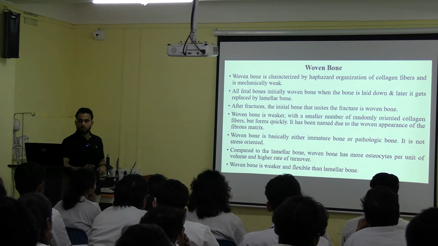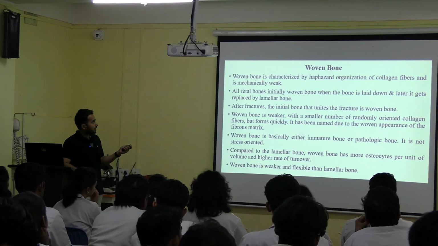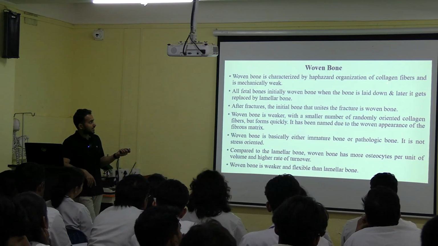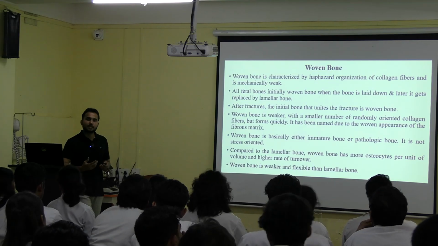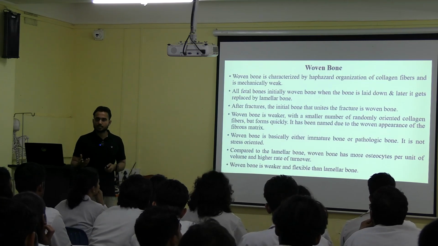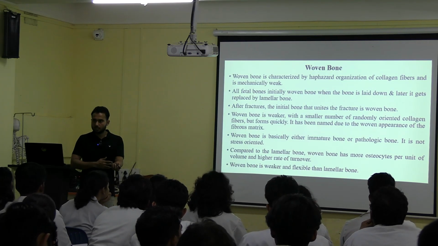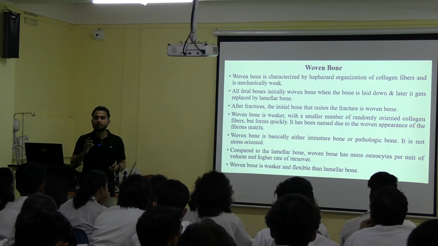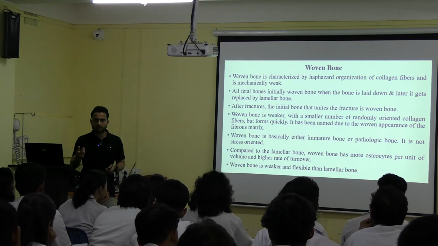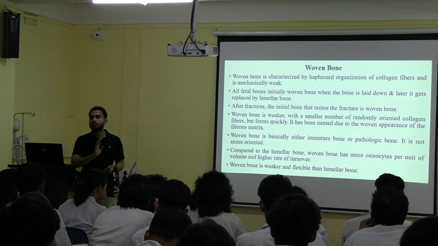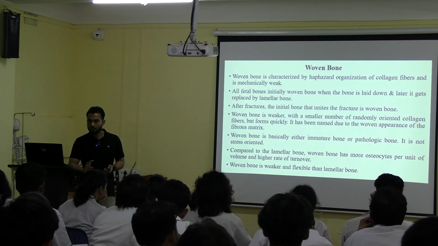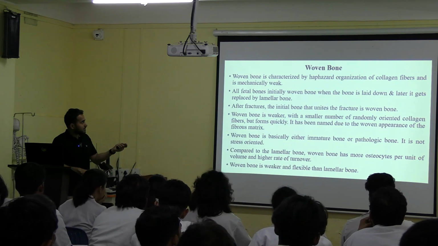Next is the woven bone. Woven bone is characterized by haphazard organization of the collagen fibers, and it is mechanically very weak. Whenever new bone formation is taking place, for example when a fracture heals, the bone which is formed at that time is the woven bone.